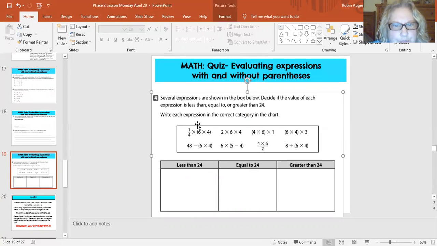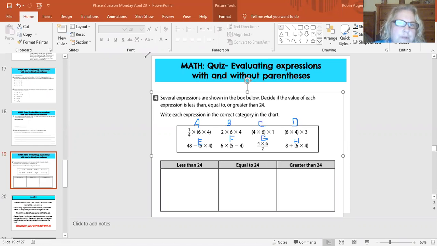Okay. So let's put letters over these. Letters A, B, C, D, and then E, F, G, and H. Okay.